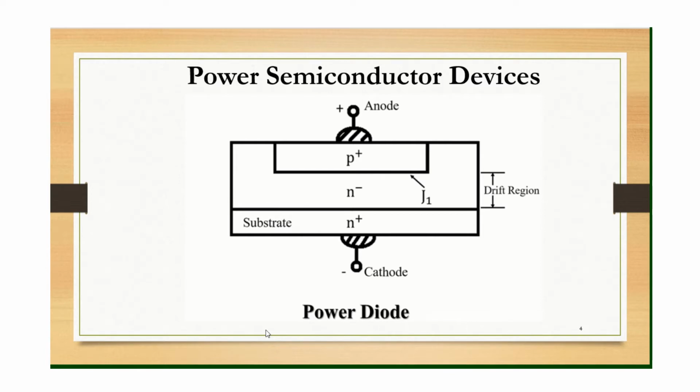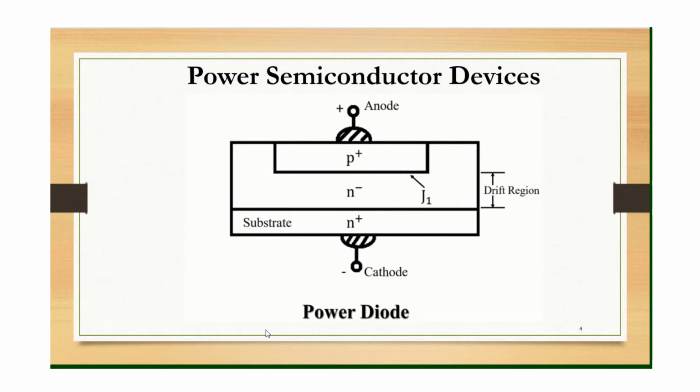This N minus layer, the drift region, is the key feature of the power diode, which makes it suitable for high power applications. This layer is very lightly doped, almost intrinsic, and hence the device is also called a PIN diode, all in caps, PIN, where I stands for intrinsic.